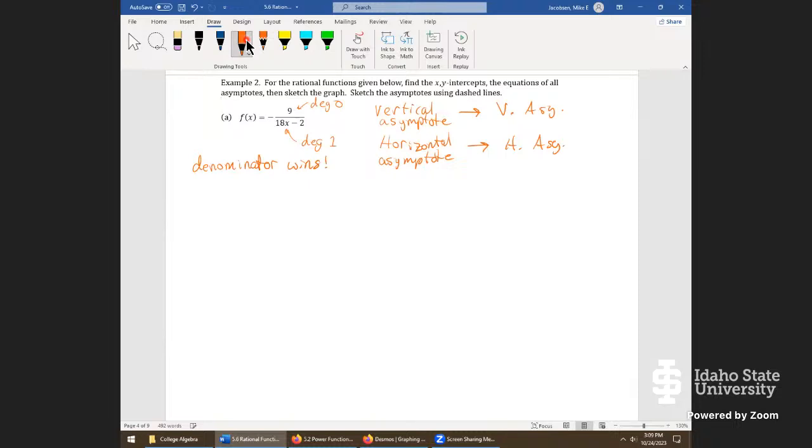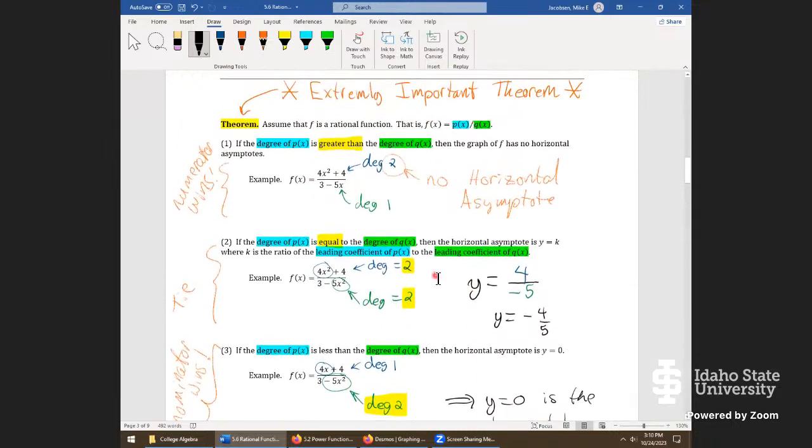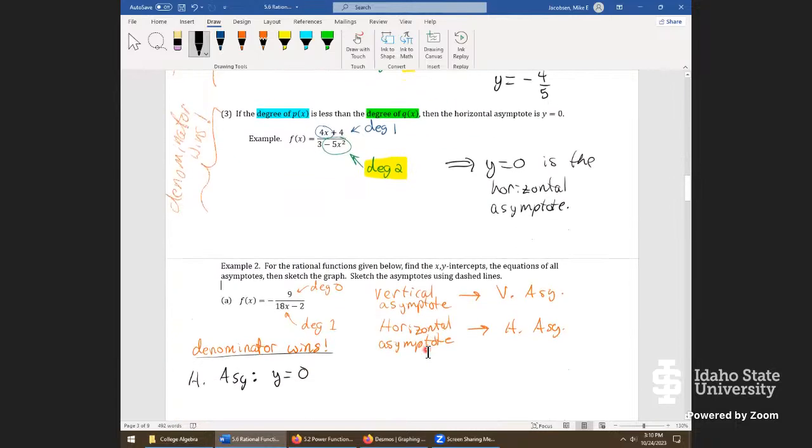Wins in the sense of it's of higher degree. And then just like you said, horizontal asymptote is this equation, y equals 0. Only because of that information right there. Does that make sense to folks on getting that asymptote? Awesome. It's really pretty fast, but it's definitely tricky. If you have this at your ready, then that's a good way to think about this one.